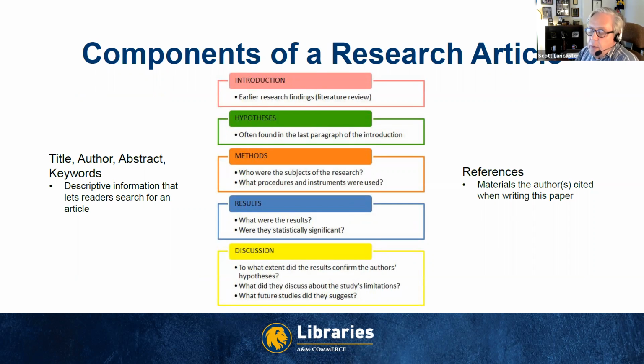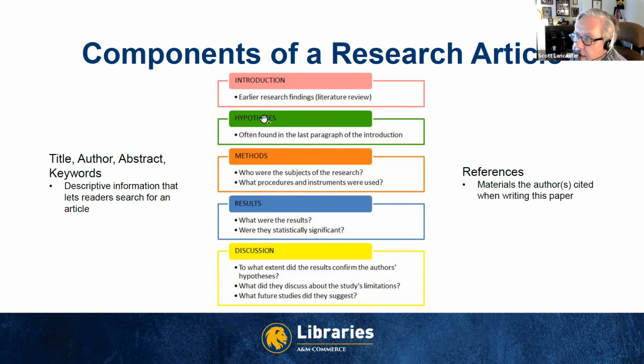So this is the point where I will actually open up the article. What I've looked at so far is what is in the database record, which will include the abstract or summary. But now I'm in the article itself. And if it's an empirical article, it will typically have 5 sections, and sometimes they're labeled introduction, hypothesis, methods, results, and discussion.